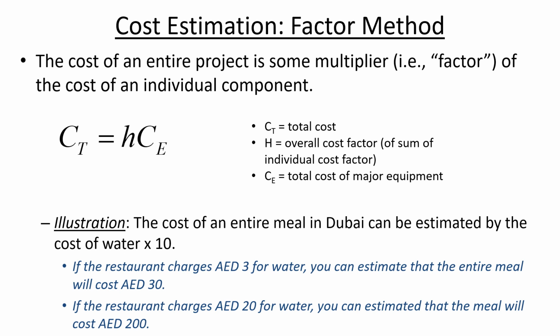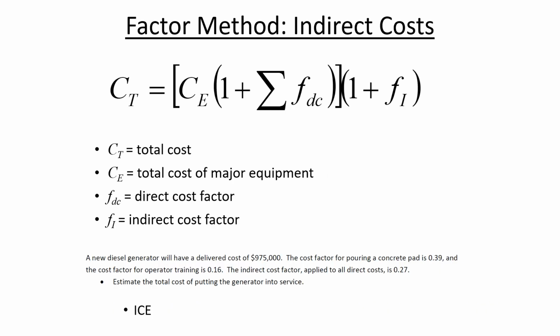But if you go to a restaurant and you notice that they're charging 20 dirhams for the water, that's an indicator that that's an expensive restaurant, and the whole meal is going to be about 10 times the cost of the water bottle. So that's just a conceptual illustration, but the same thing can be applied in the real world to a lot of other cost items as well.